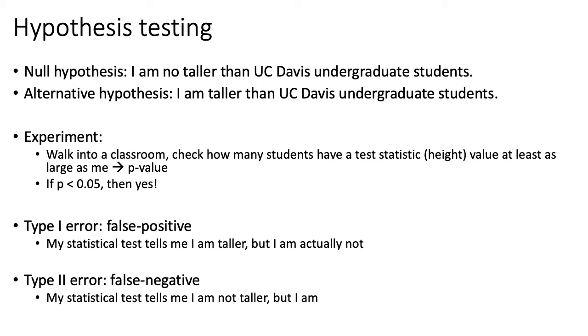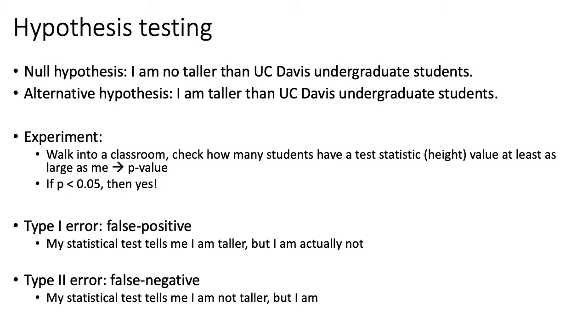And so suppose in order to test this hypothesis, I perform an experiment where I walk into a classroom or a virtual classroom, and I look at all of the students, I measure everyone's height. And so to get some terminology down, basically the height of a given student or individual would be called the test statistic.